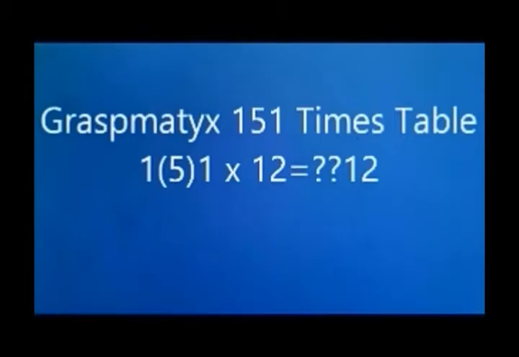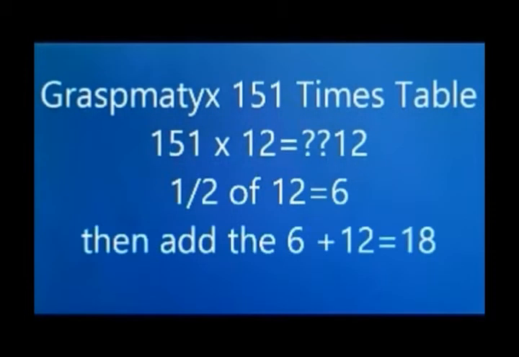In Ethiopia, in Amharic, they say gamash. So we're finding the half of the 12, and the half of 12 would be 6. You will now add that 6 to the 12 and you get 18.